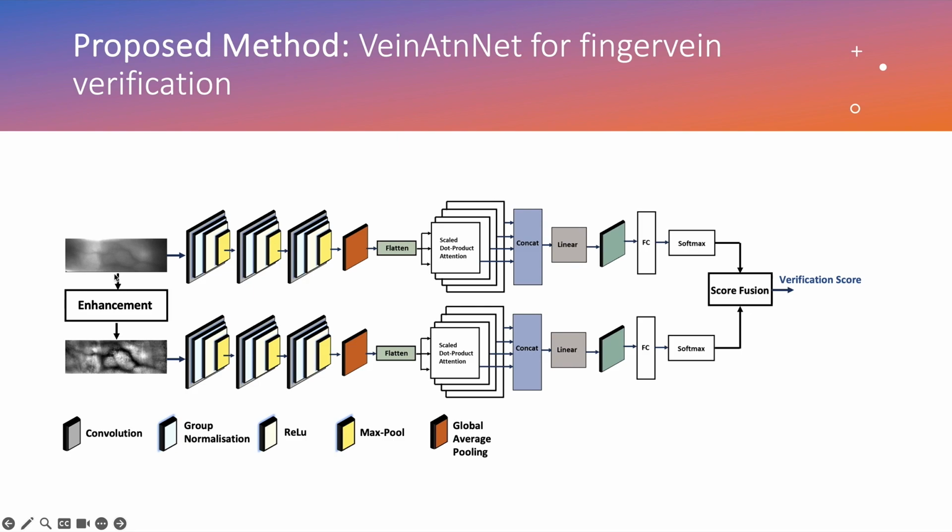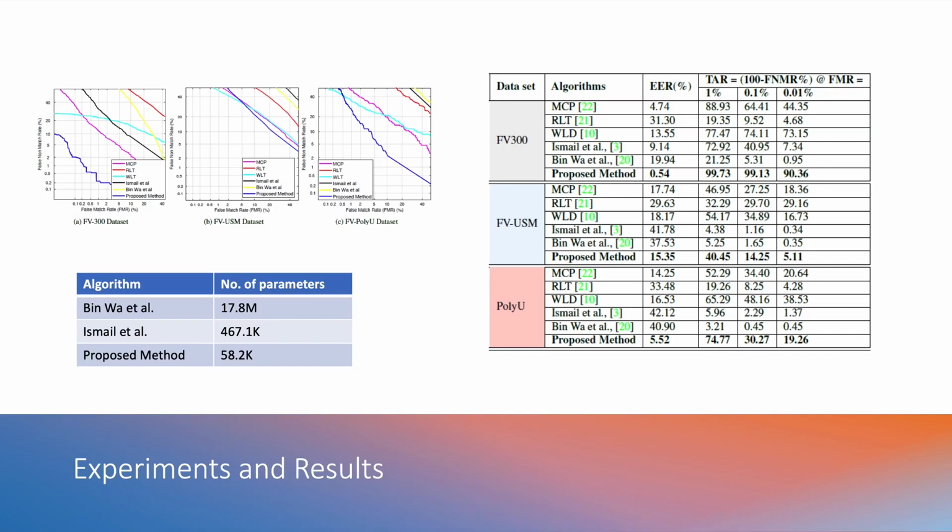The scores from the normal and the enhanced finger vein images are combined using a simple sum rule to make the final verification score.